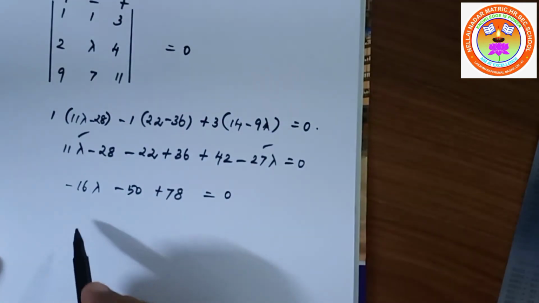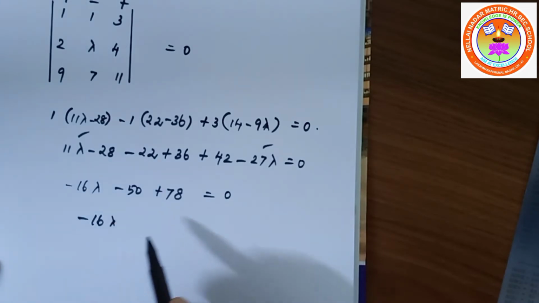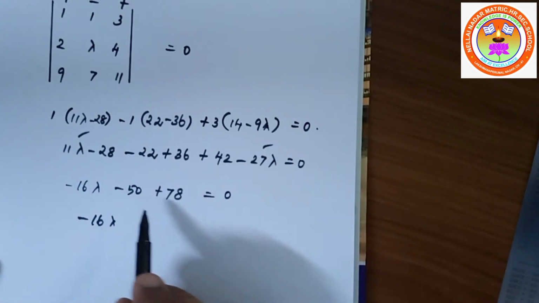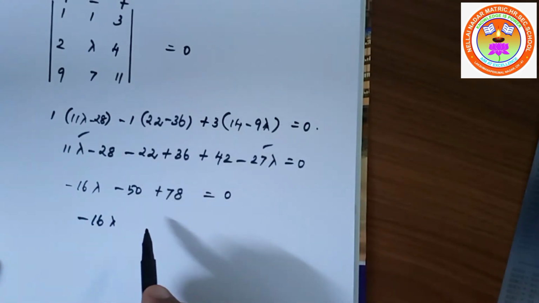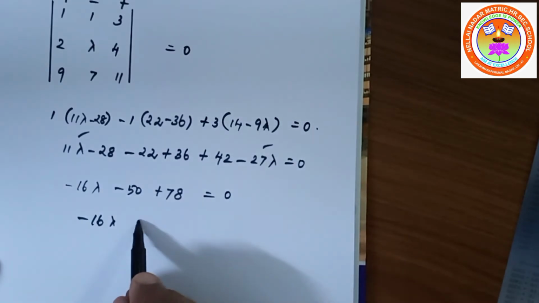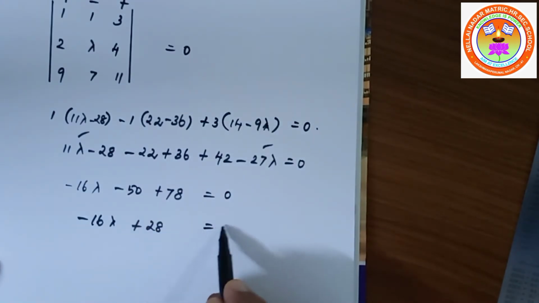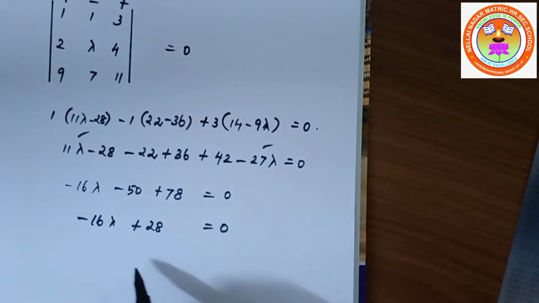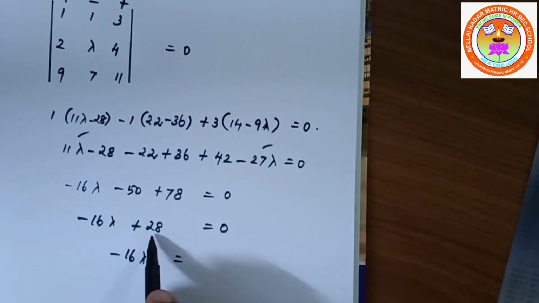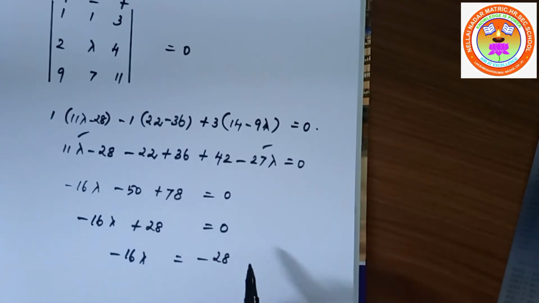Now minus 16 lambda plus 28 is equal to 0. So lambda we have to find out: minus 16 lambda is equal to minus 28 on the right hand side.